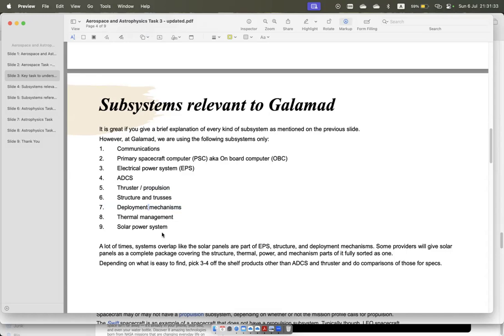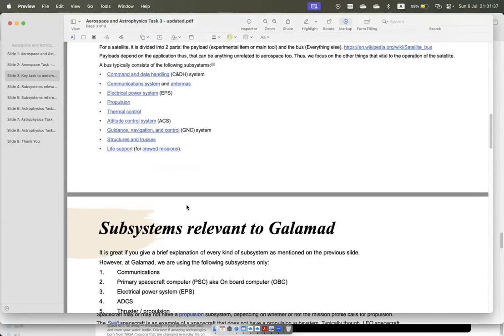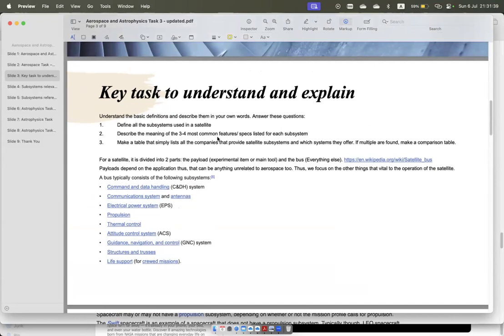Okay. So the task for the aerospace people is just to look into these subsystems. Like I've said, there are so many ways to talk about these things. Which do you understand are the core subsystems for a satellite?